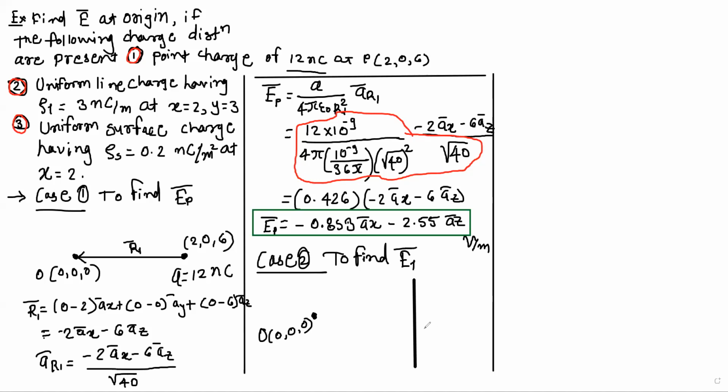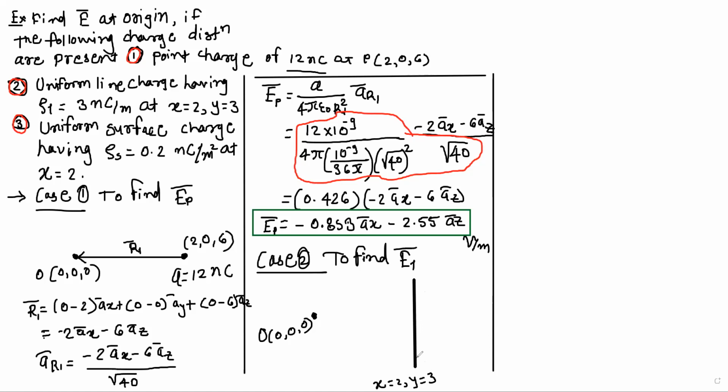What things have they mentioned additionally for this line charge? It is located at x equal to 2, y equal to 3. What information you get from this is that on this line, wherever you measure, its x coordinate would be 2 and y coordinate would be 3, right?